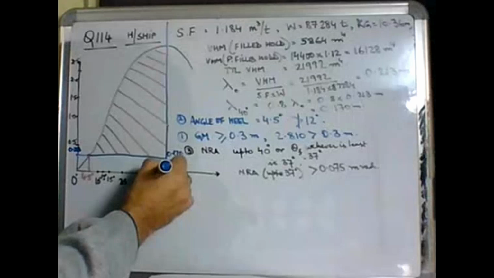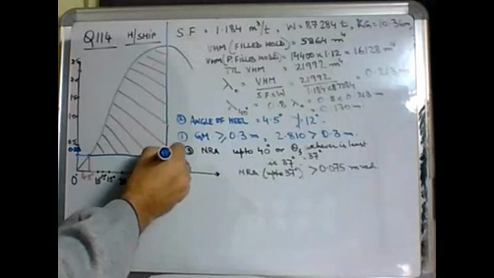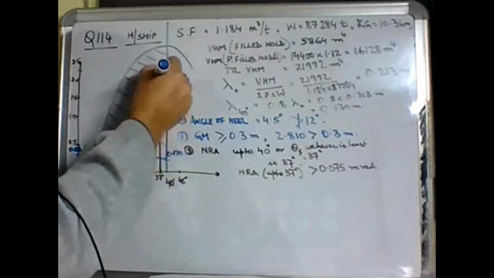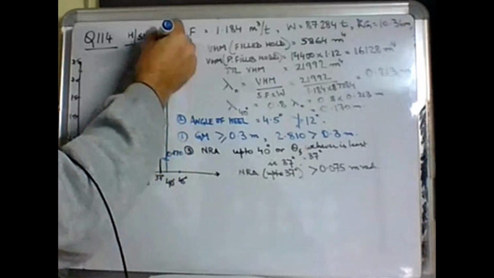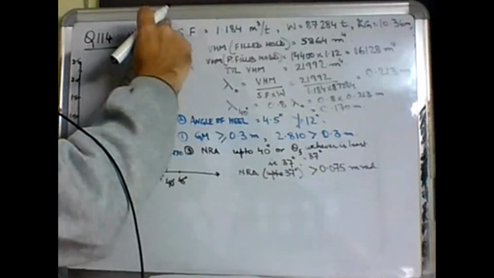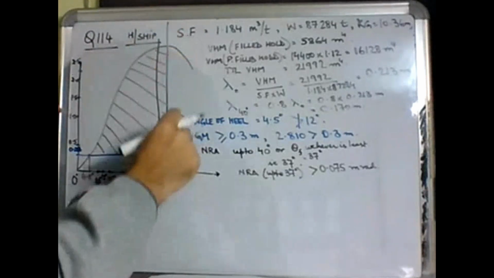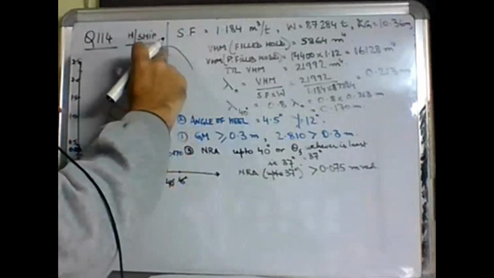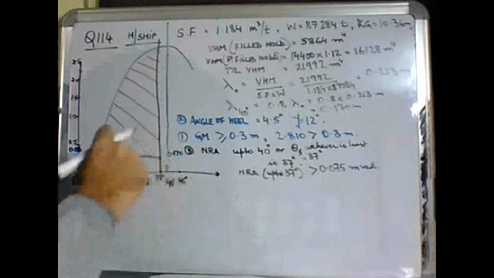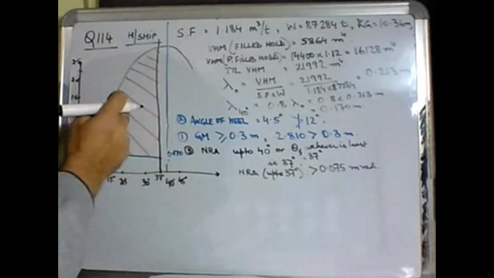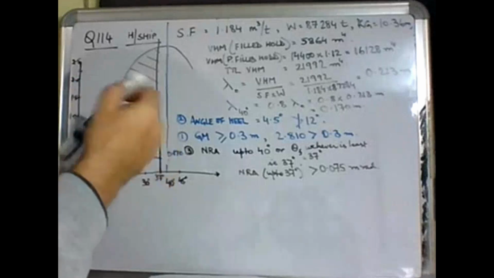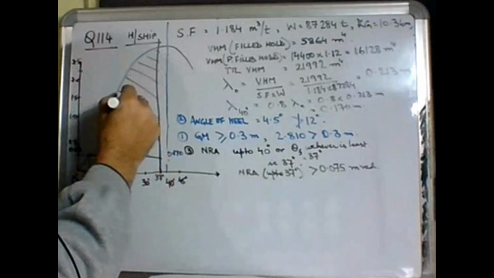So I will draw a line at 37, so that means I don't need to draw a line at 40 basically, that is what I was trying to tell you. But मैं ये area नहीं count हो रहा. So up to 37 degrees ये, this will be called as NRA.